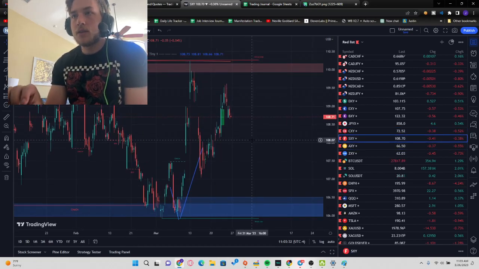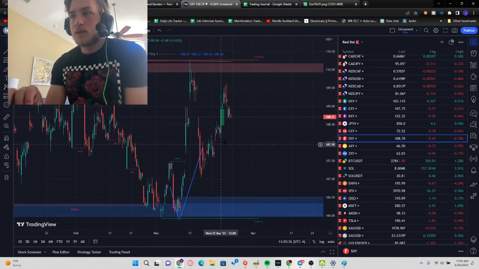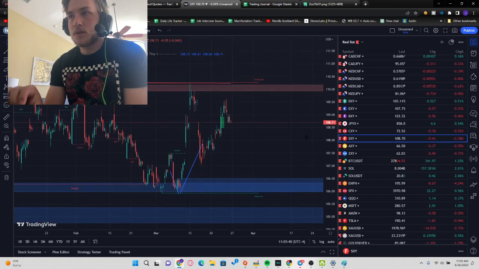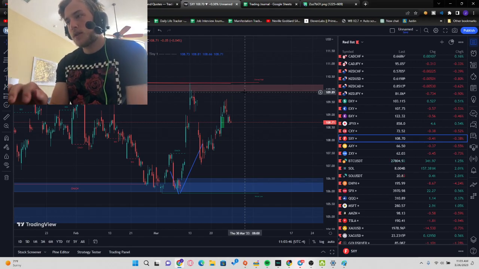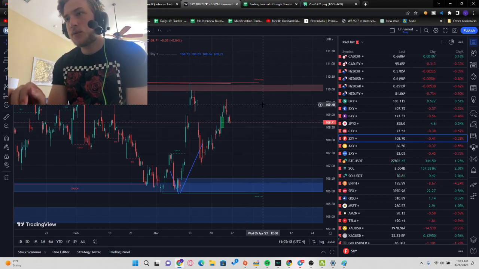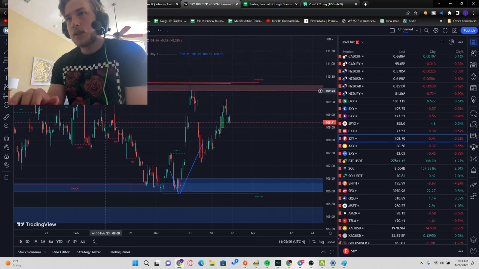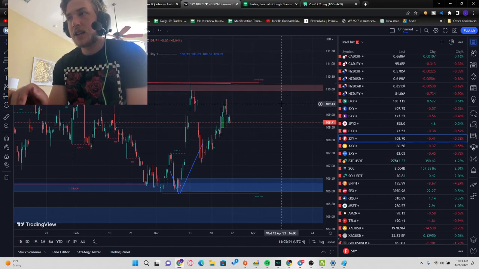CHF looks like it could go back up to here, this very strong resistance zone. This would be a good short position for the CHF if we can get back up to this zone where it's touched twice and see how it reacts, and then we'll see if it would be a good short.